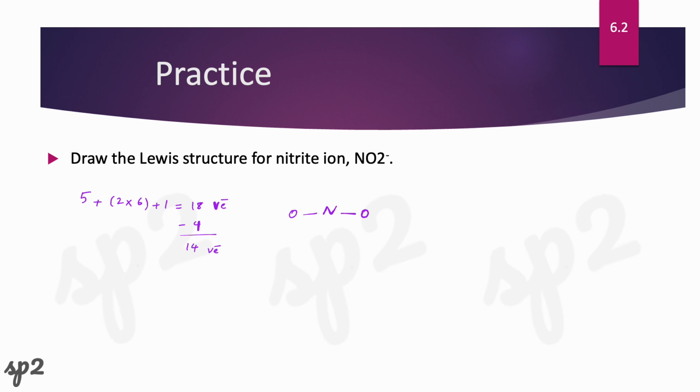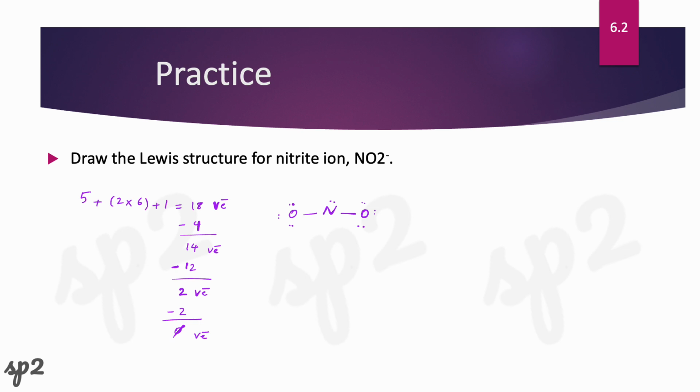I'm going to start placing them as lone pairs, starting by the oxygens. And I have used 12 electrons. That means I still have 2 valence electrons, and I'm going to place that on my nitrogen, right? And that means I have used all of my electrons. I don't have any more. We're done with that, right?